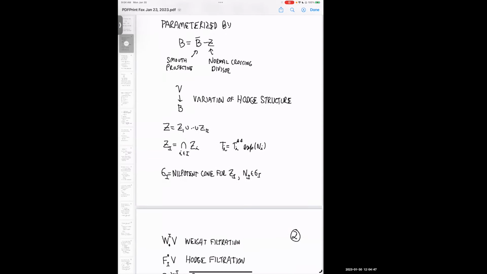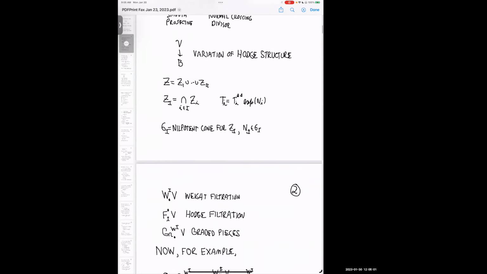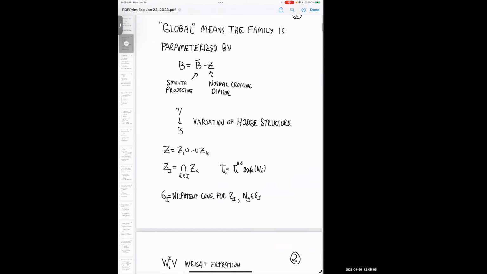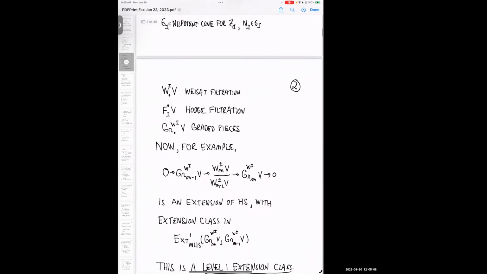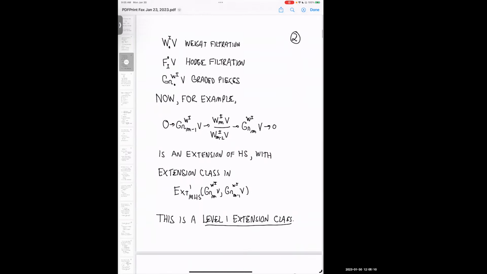So you have a variation of Hodge structure. I'm going to call Z sub capital I the intersection of the components Z sub i, and the nilpotent part of the monodromy for Z sub i I'll denote by N sub i. Then sigma sub I will be the nilpotent cone for Z sub I. So then we have the weight filtration, the Hodge filtration, and the graded pieces of the weight filtration.